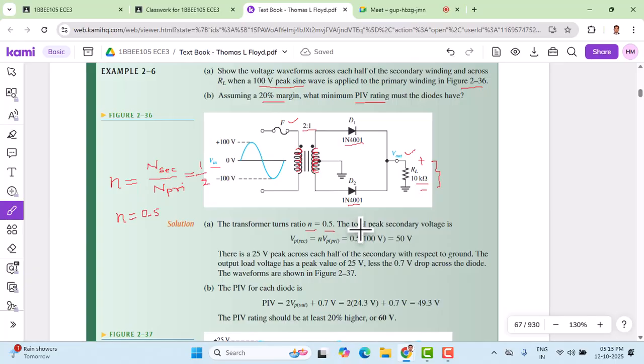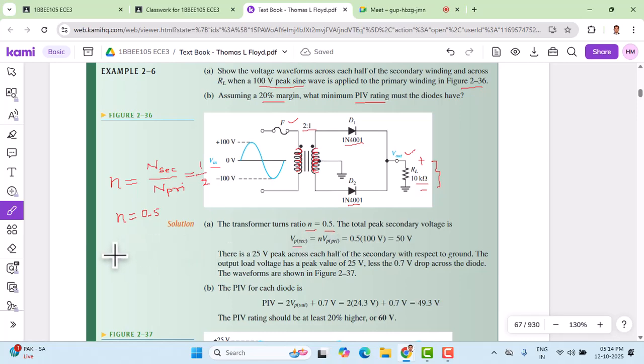Now we need to calculate the total peak secondary voltage. What is the peak secondary voltage here that we need to calculate? For that we have a formula which relates the turns ratio to the peak primary voltage and the peak secondary voltage. So we know that n is nothing but the peak secondary voltage to the peak primary voltage.